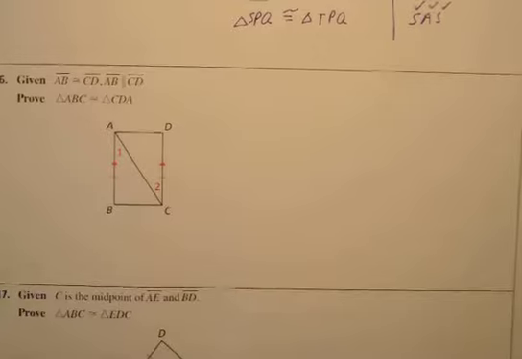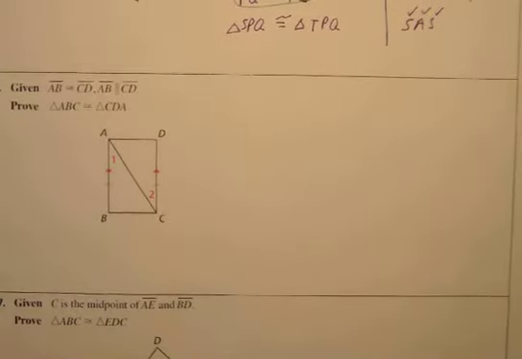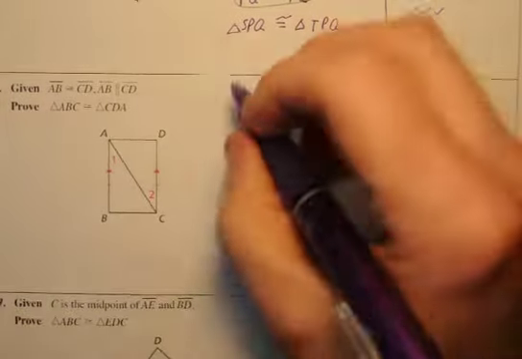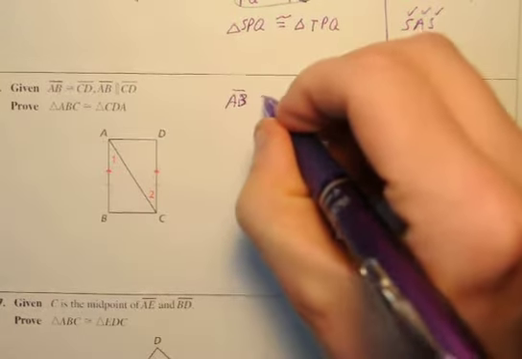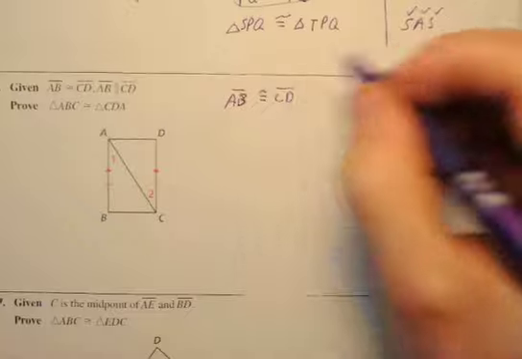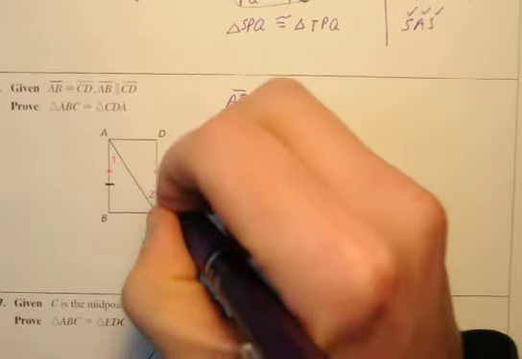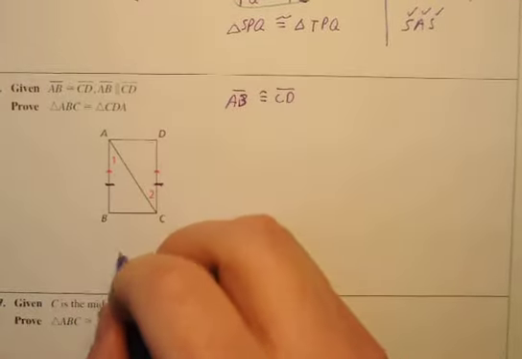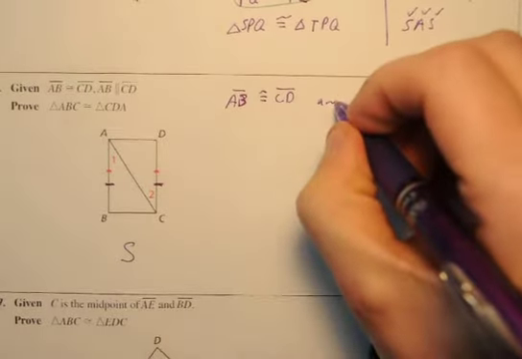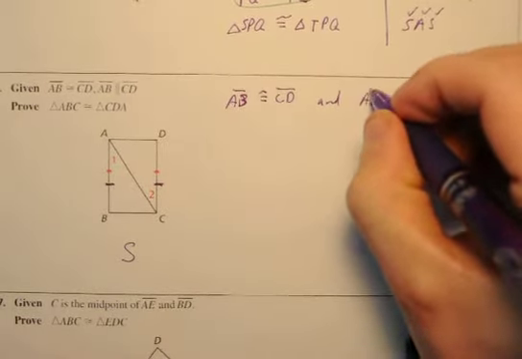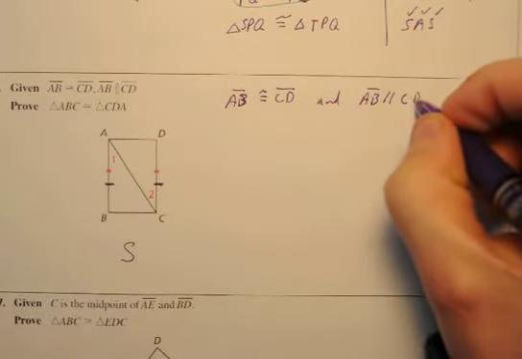Alright, on to number 16. This one needs to be a paragraph proof. So we'll start by stating our givens. AB is congruent to CD. That would be an S. And AB is parallel to CD.